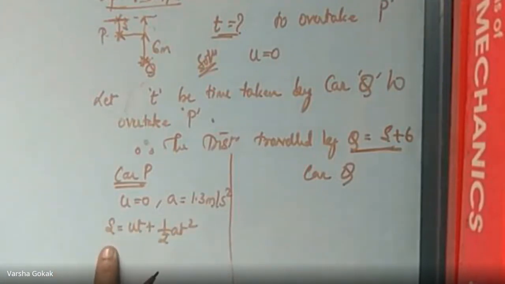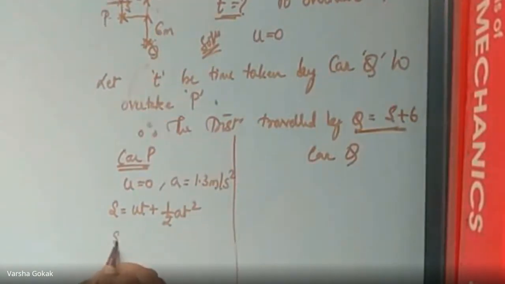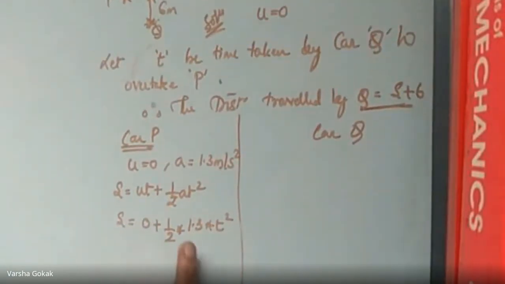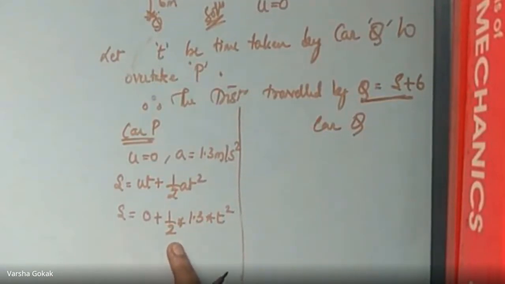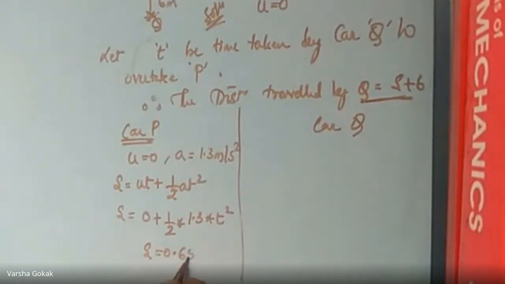Here S will remain as S, u is 0, right? S equal to 0 plus half, a is 1.3, into t square. 1.3 divided by 2 is going to be 0.65. So S equal to 0.65 times t square. I have simply substituted, nothing done much.